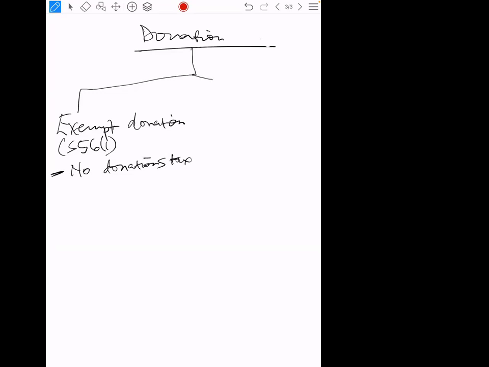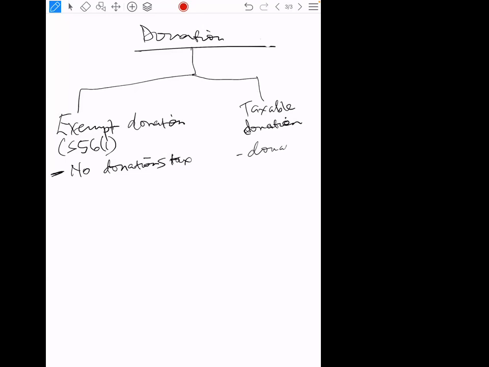Right. And on the other hand, we have got taxable donations. If the donation that was made in question is a taxable donation, it means that it will trigger donations tax.